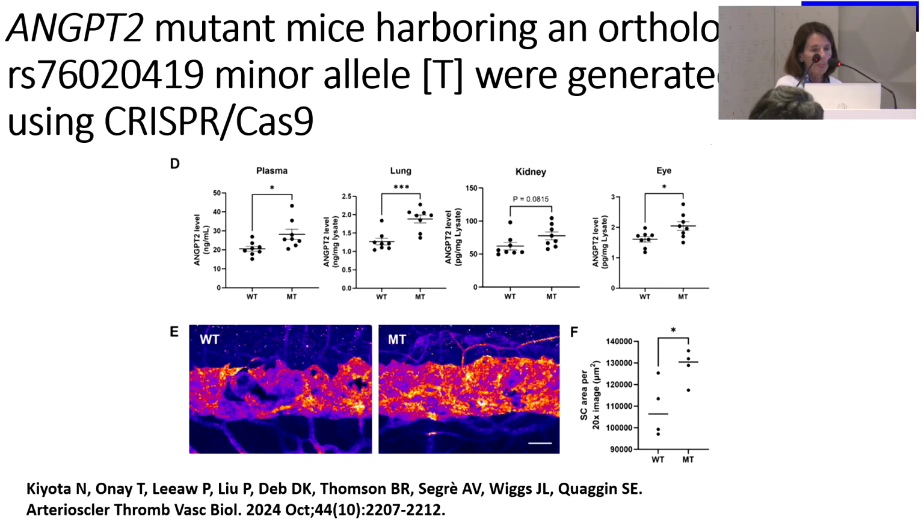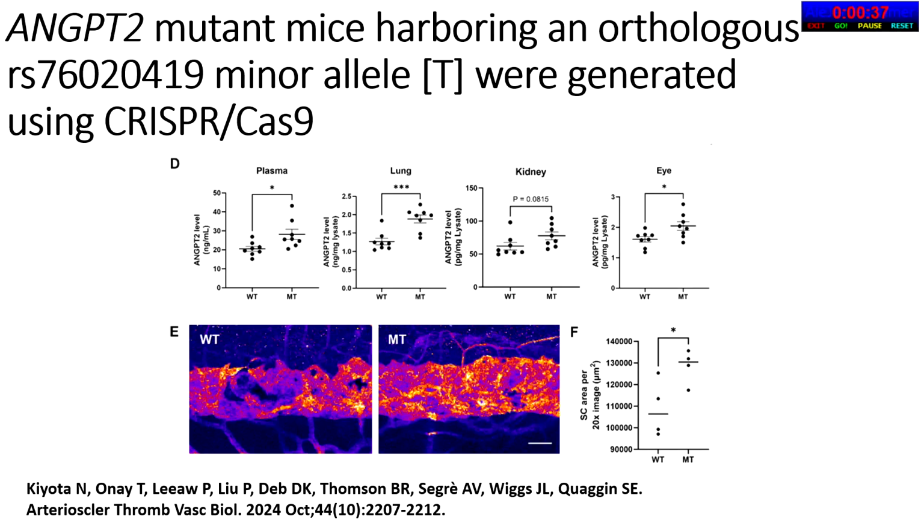But the really interesting study was one that was just published this past fall in collaboration with Susan Quaggin, our collaborator. She made a mouse that actually has this same mutation in it and showed, in fact, that the level of angiopoietin-2 is higher in the mouse tissue and that the Schlemm's canal is larger and better formed in the mouse that has this variant.